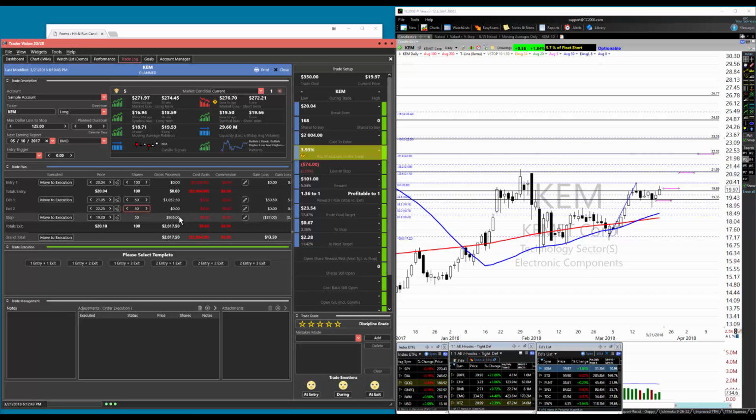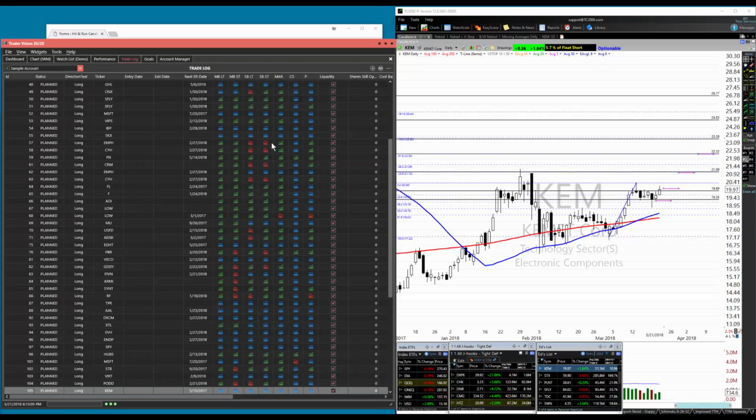And if I sold at both those targets, I'm not even close. Only making 161 bucks, not even close to my trade goal of 350. So this is not a trade for me, even though I liked the way the chart looked initially.